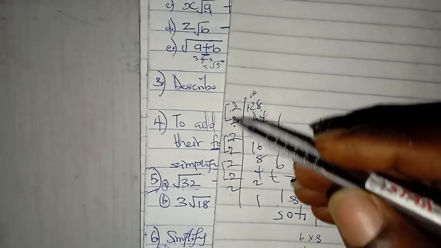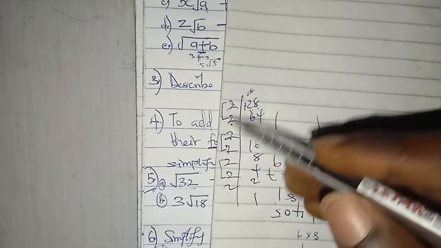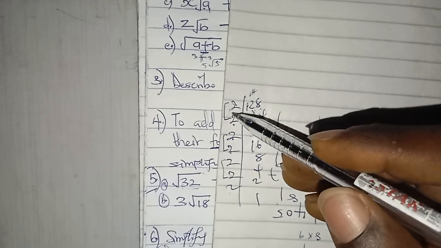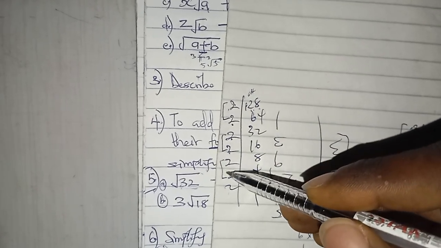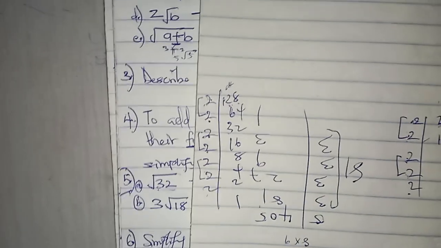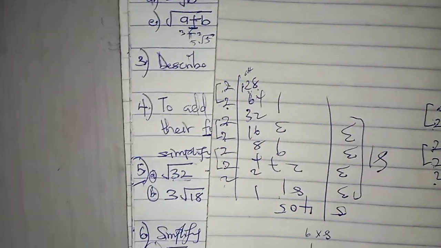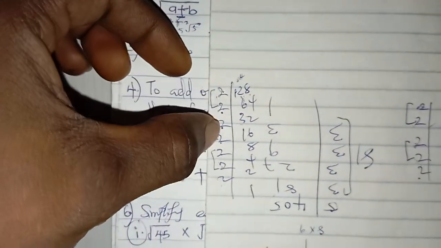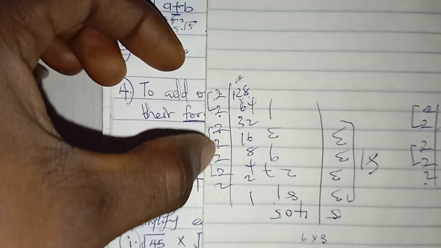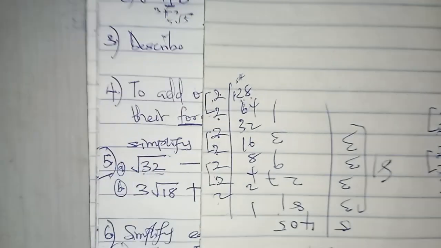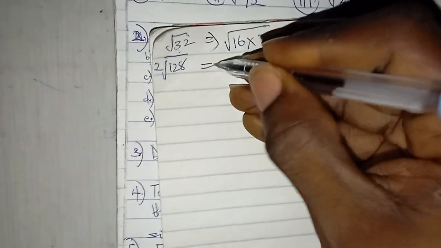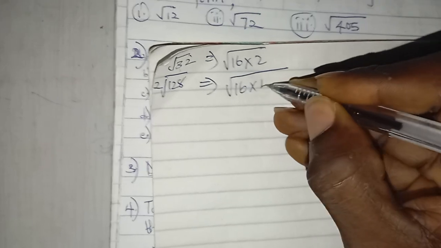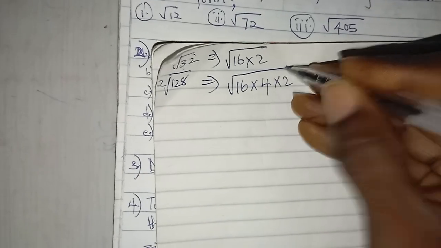So actually, I have 16 times 4 times 2. I tried to make it in such a way that all the perfect squares are single numbers. So this is 2 in 4 places, and this is 4, then this is 2. So this is saying root 16 times 4 times 2.